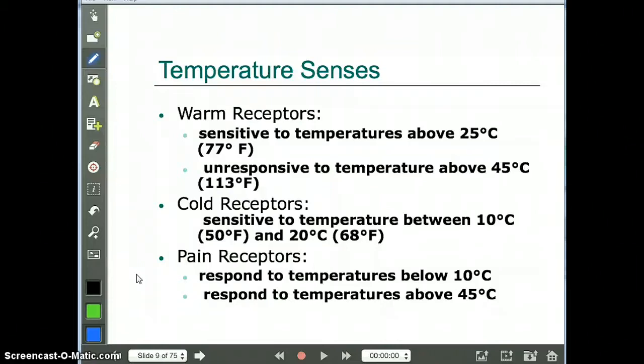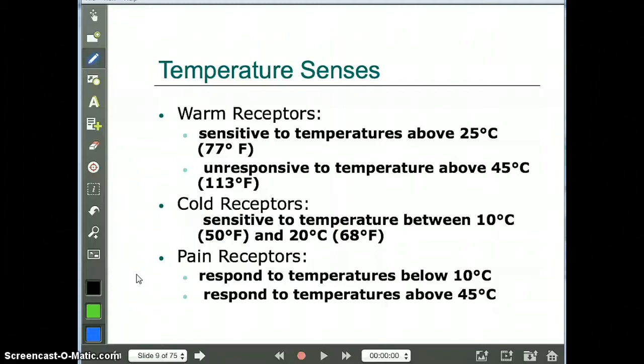If it is below 20 degrees Celsius or 68 degrees Fahrenheit, look at the cold receptors, you're going to start to get the sensation of cold, to the point where, as you saw the last couple of days, it's 5 below outside. It is way too cold. You're going to cause a whole bunch of tissue damage, and you get to the point where you become unresponsive to that cold, and you could freeze to death, leading into hypothermia.